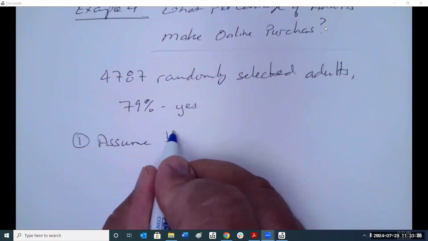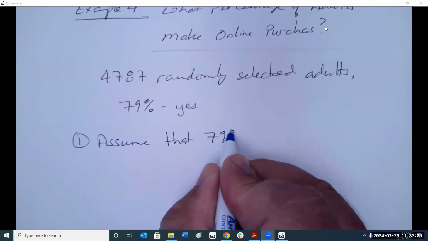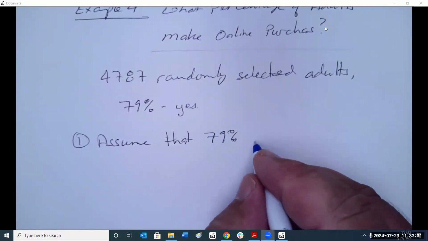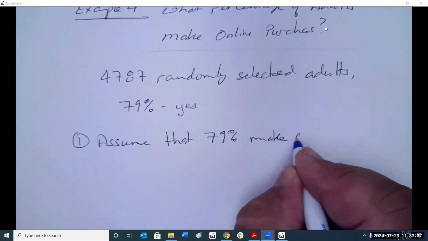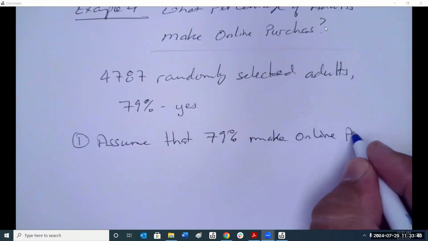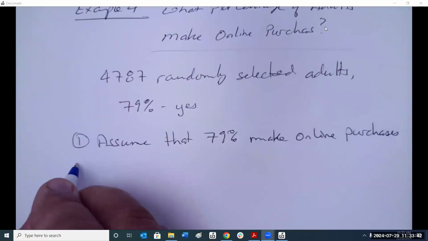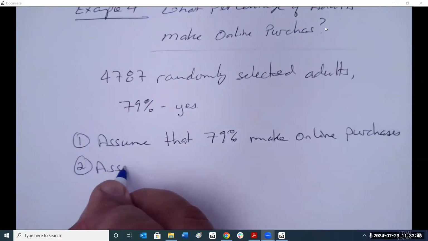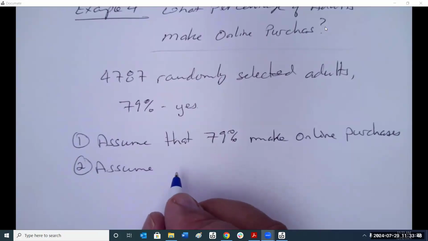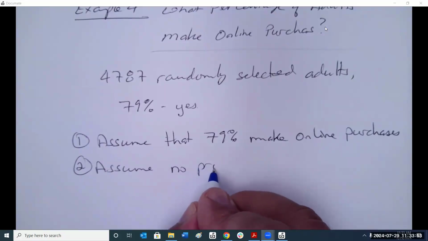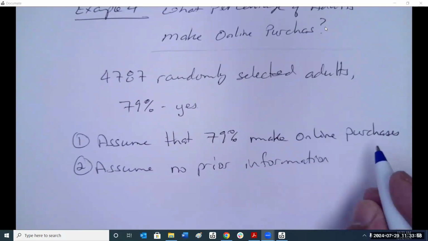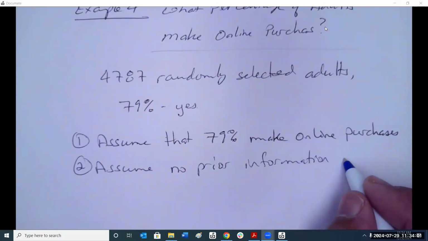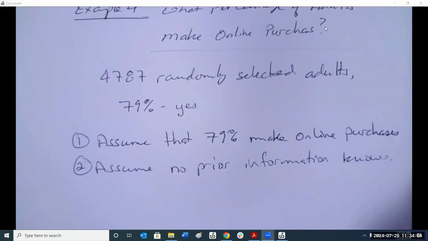Assume that 79% make online purchases, and assume no prior information known.